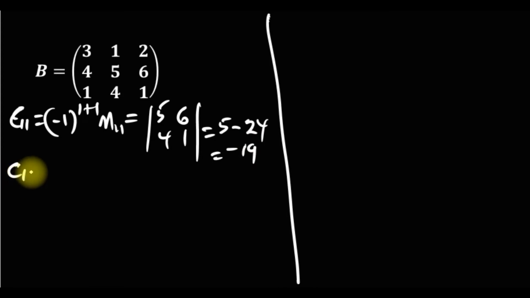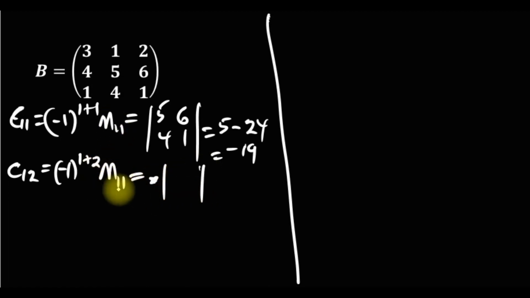For C12, it is minus 1 to the power 1 plus 2, M12. And this is negative, so negative of the determinant. So this is negative of the answer.